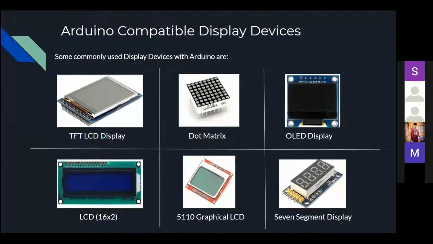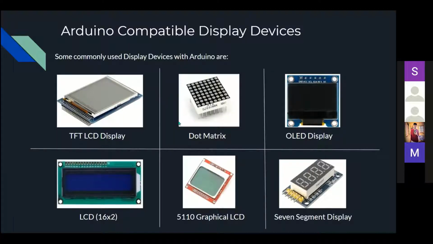TFT LCD displays are the type of displays that were used in earlier days in touchscreen mobiles. Basically, this is a thin film transistor based LCD display which has touch capability, so you can use this display for touch-based interface projects.